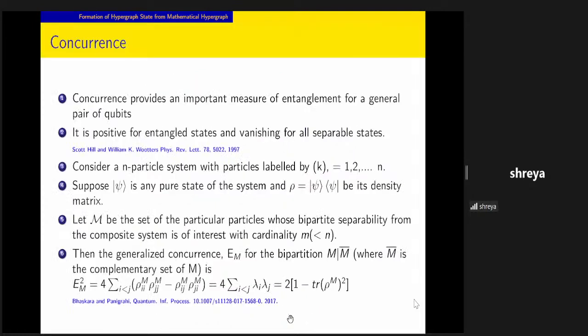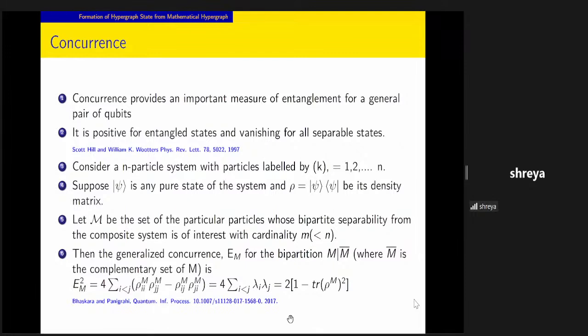And now we will come to concurrence. Concurrence is a very important measure, first coined by Hill and Wootters in their Physical Review Letters paper in 1997. It is non-zero for entangled states, and it vanishes for all separable states. If we consider an n-particle system, if we label the particles as A, 1 up to n, and we consider a pure state, the density matrix will be the outer product of the state psi.